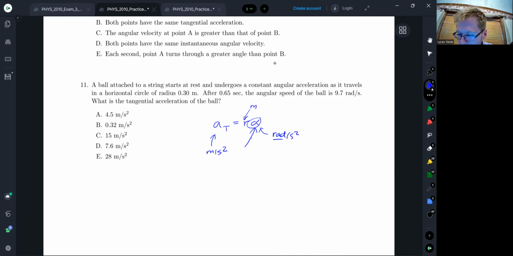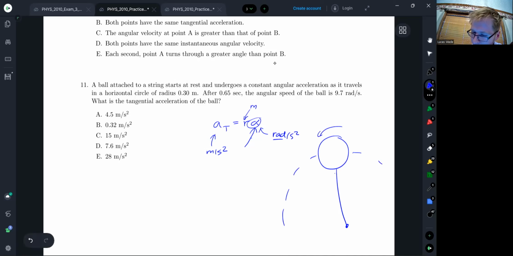There is no angular acceleration, and so there is no tangential acceleration. In this case, I guess we're talking about the ball going around a circle.